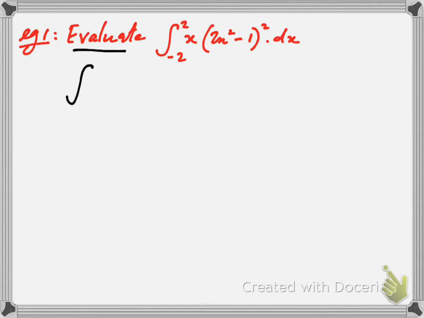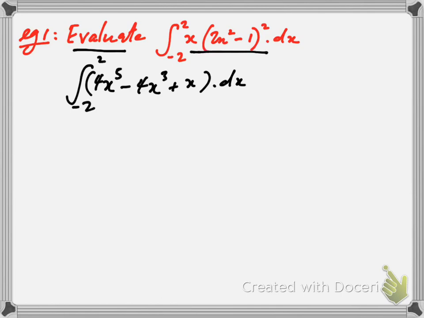If you expand, that's a perfect square, (2x squared minus 1) whole thing squared, and then multiply by x, you end up with, from negative 2 to 2, 4x to the power 5 minus 4x cubed plus x with respect to x. I did a shortcut here, but you can do the expansion any way that you like. And if anyone has any issues with expanding a perfect square, let me know.